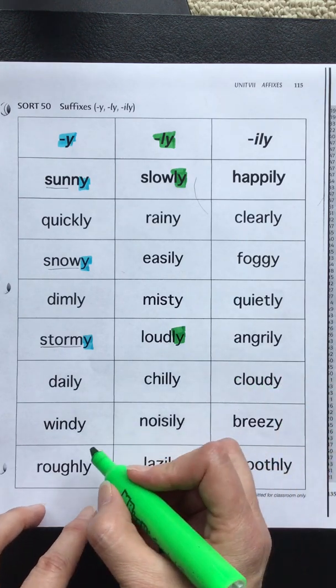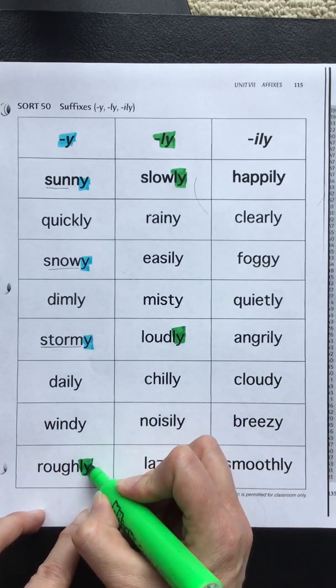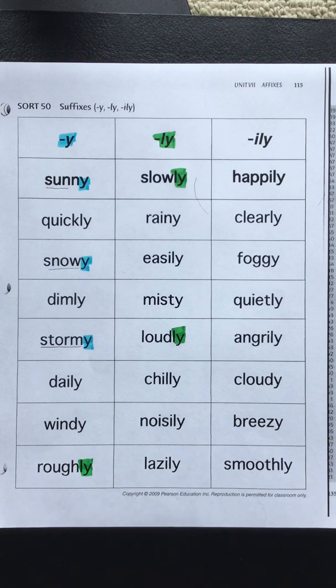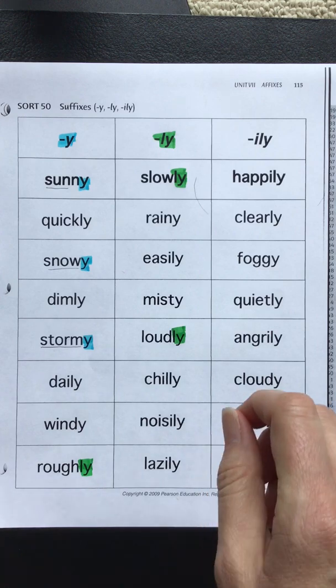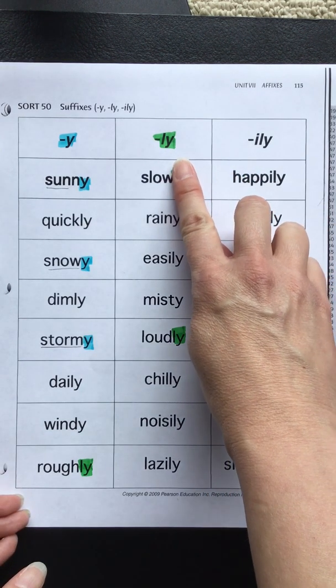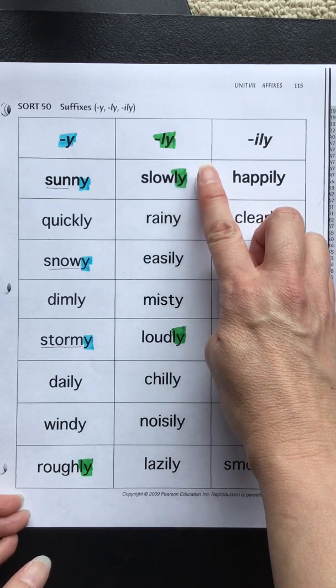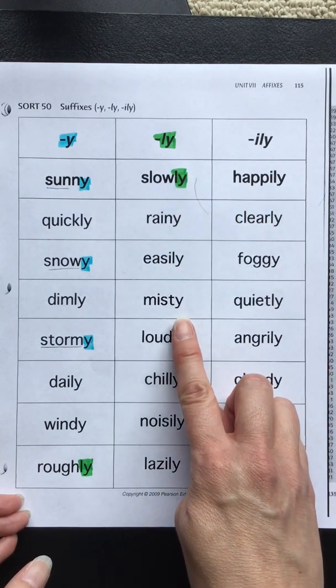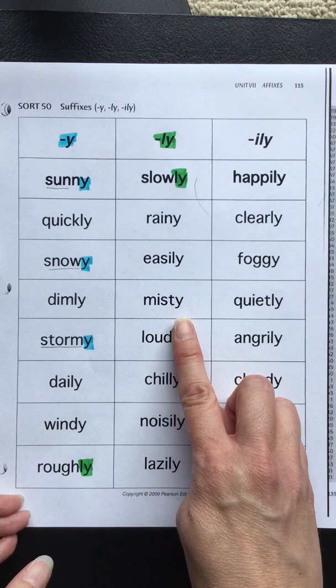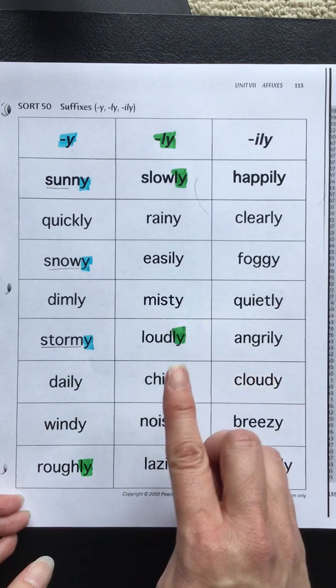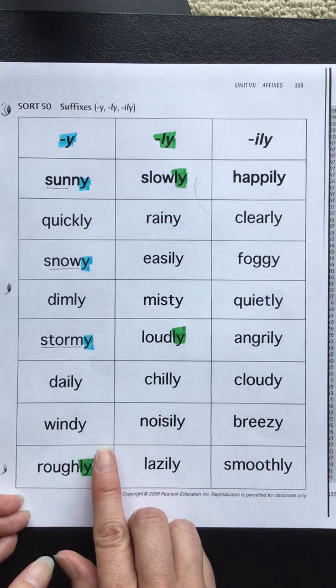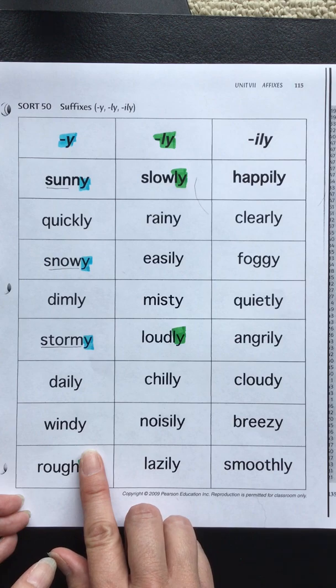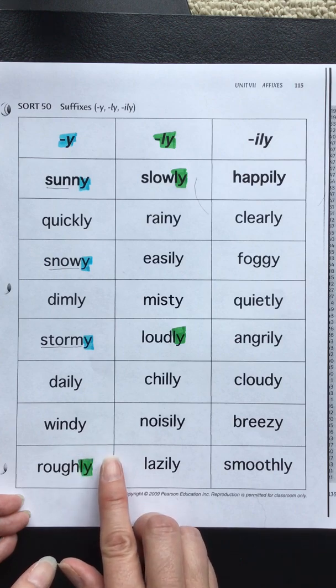How about roughly? There's 3. There are more. You will find them. It took an adjective, slow, and turned it into the adverb, slowly. It took the adjective, loud, and turned it into the adverb, loudly. It took the adjective, rough, and turned it into the adverb, roughly.